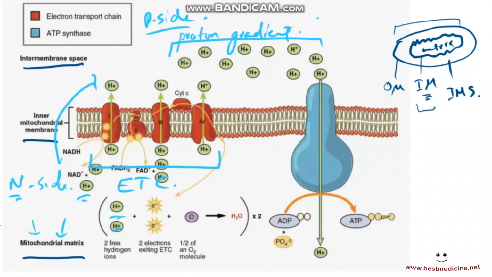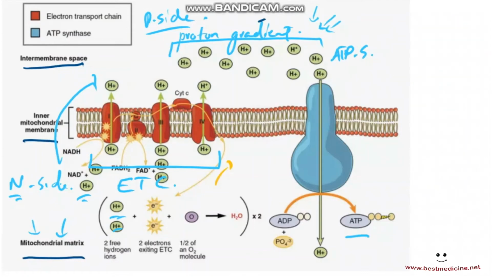Because it's negative. So what essentially happens is that this proton gradient that is established by the ETC is used to drive special proteins called ATP synthase. Here's one shown here, ATP synthase. Now this ATP synthase is able to use this proton gradient, and it allows the protons to flow back down their concentration gradient from the intermembrane space right here into the mitochondrial matrix.